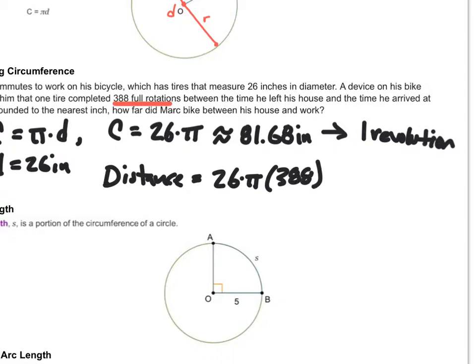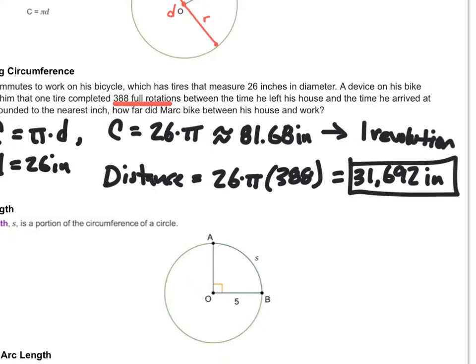I'm going to do 26 times pi times 388, and that's going to give me 31,692. That's inches traveled, and that's what we're looking for.